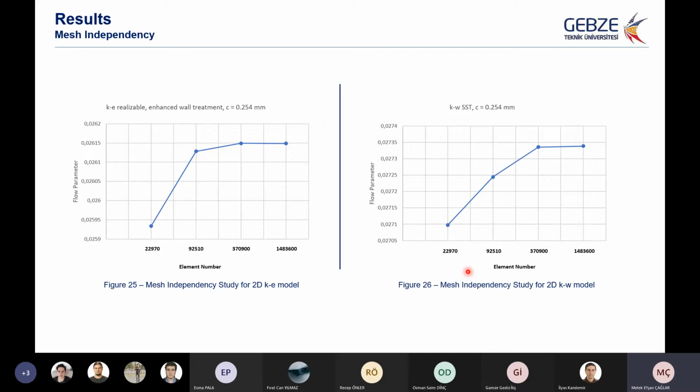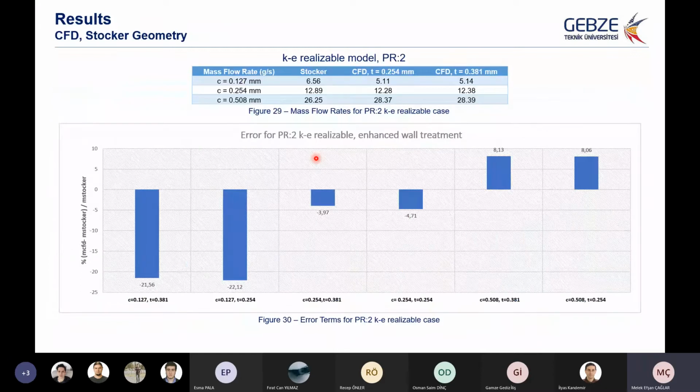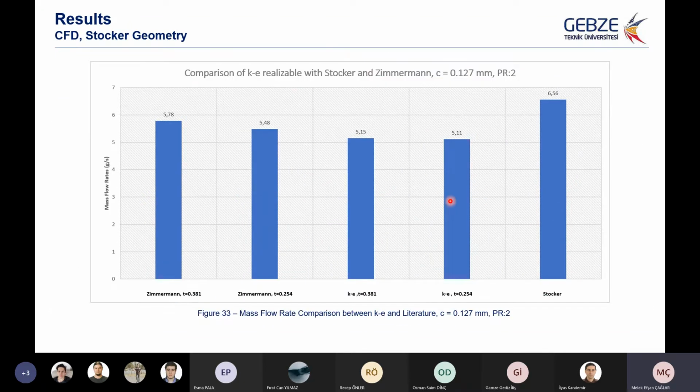And this is my mesh independence study for my model. As you can see, it doesn't change after a while. I have to skip some of it. So these are my errors for mass flow rates, which are at acceptable levels according to the literature.